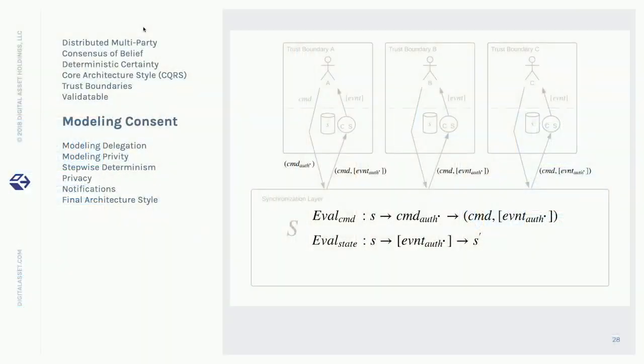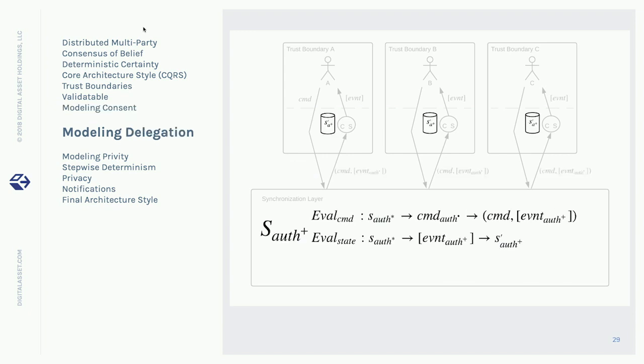For consent, we just add the idea that each command actually carries an authorization from a given party. And then we model delegation by storing those consents in the state. So state now actually carries within it authorization from prior commands, including things such as I offer.